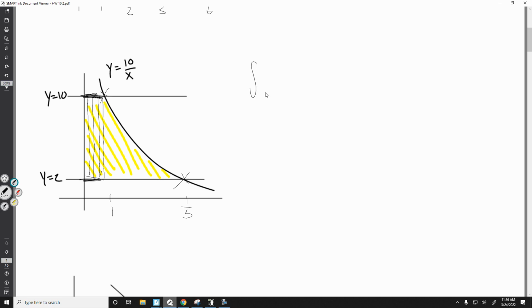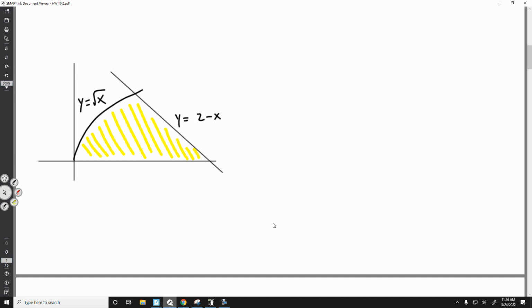So from 0 to 1, the height of these rectangles is y equals 10 minus y equals 2 with dx. And then from 1 to 5, the y equals top minus the y equals bottom is y equals 10 over x minus 2. 16.09 or something like that? Cool. All right, hold on to that number.